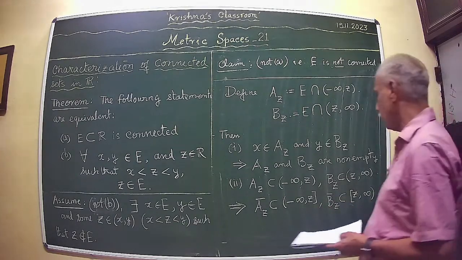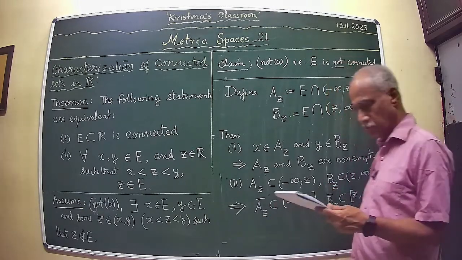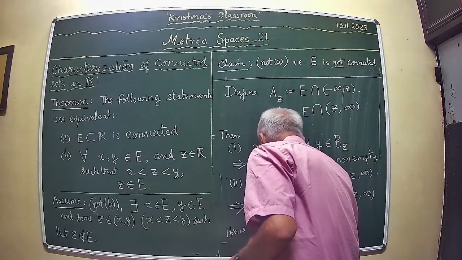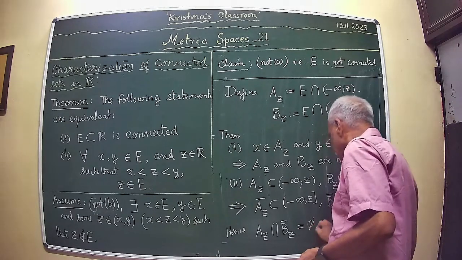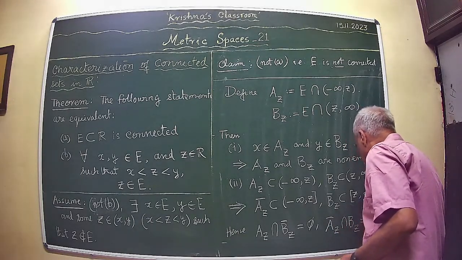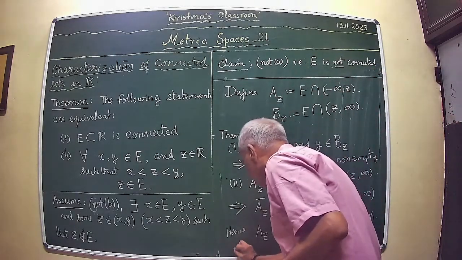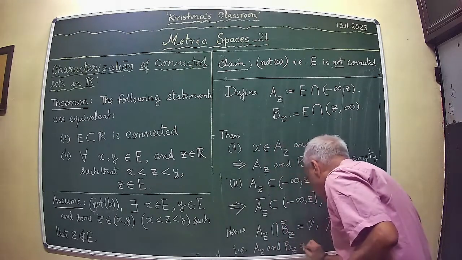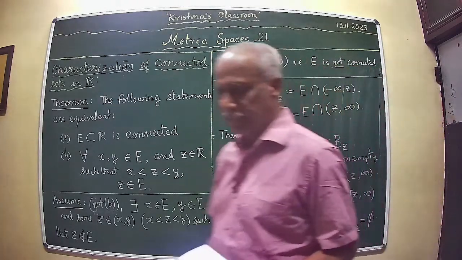Because we want to compare, look at A_z intersection closure of B_z and B_z intersection closure of A_z. Hence A_z intersection closure of B_z is empty, and so also closure of A_z intersection B_z is empty. That is, A_z and B_z are separated. So we have both A_z and B_z separated.